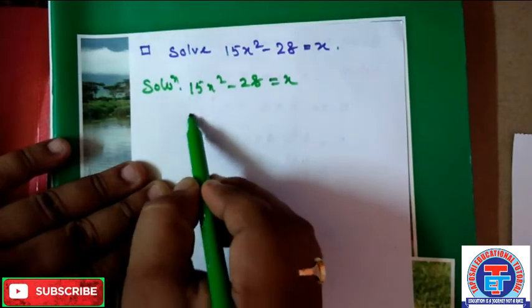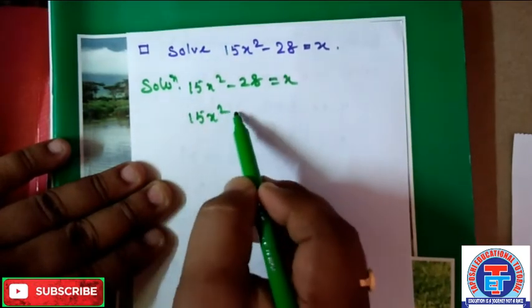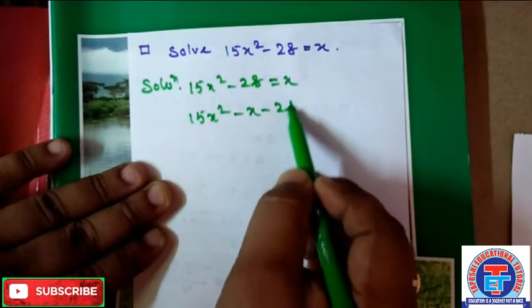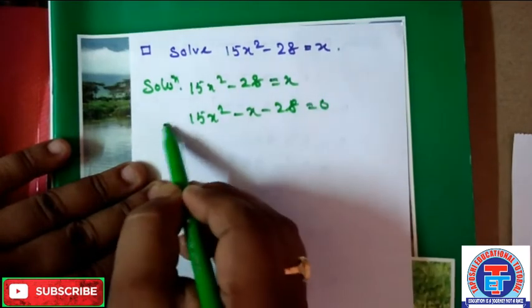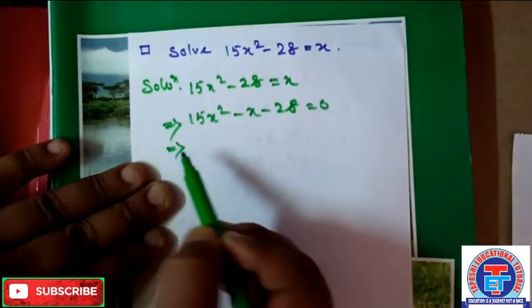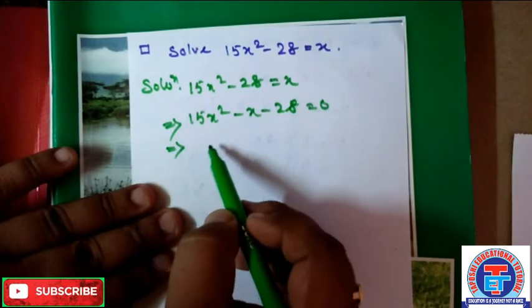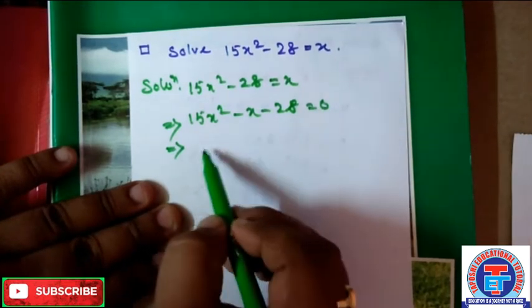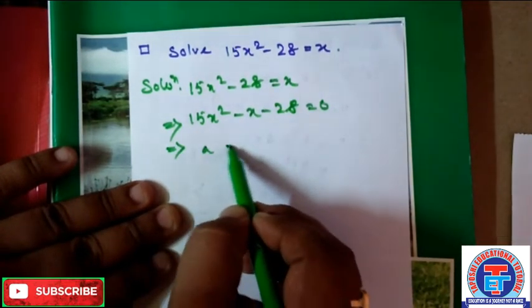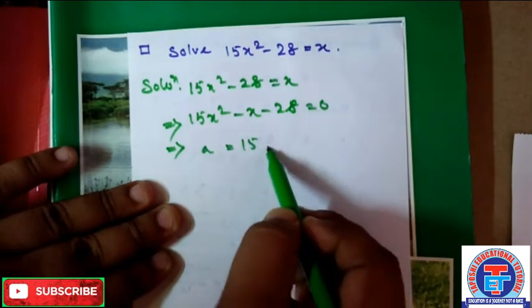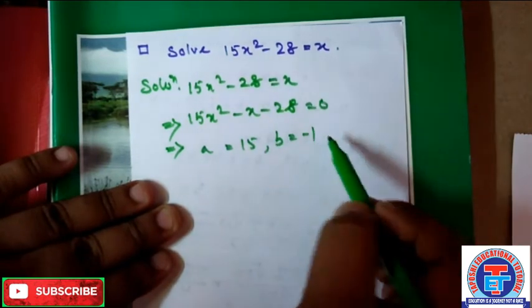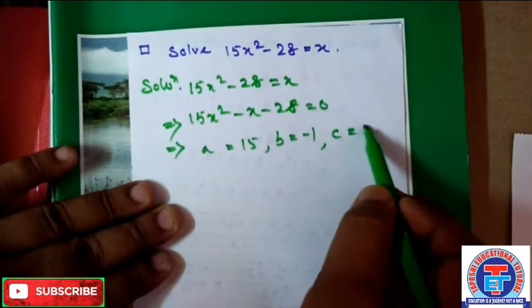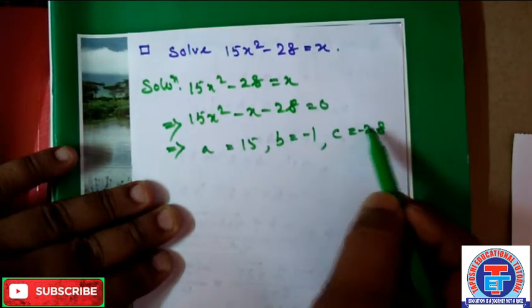So it will become 15x square minus x minus 28 is equal to 0. We can write here a is equal to 15, okay, b is equal to minus 1, and c is equal to minus 28.